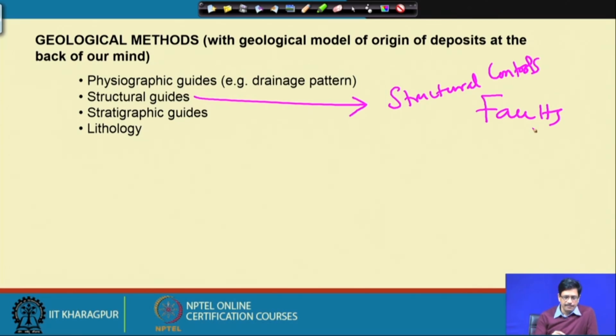And also the lineaments, which are the large scale features, and so on.